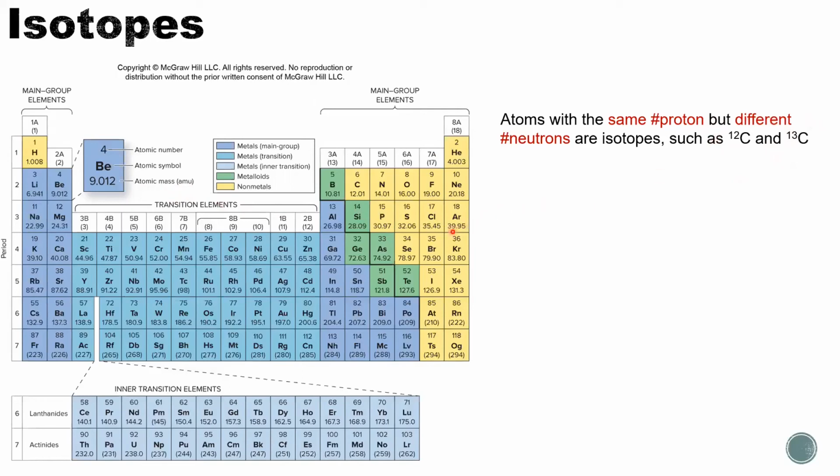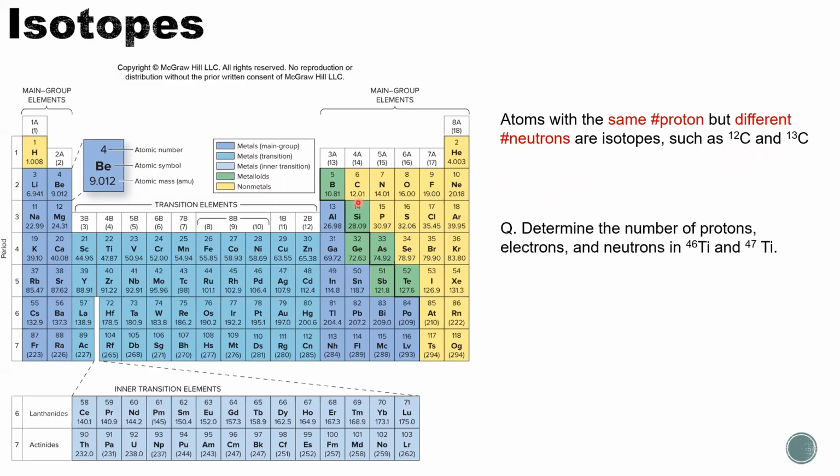So that's why you will find values like 35.45, which is not an integer, although the mass number for each atom is an integer. And despite having different numbers of neutrons, carbon-12 and carbon-13 are all carbons. They belong to the same element.